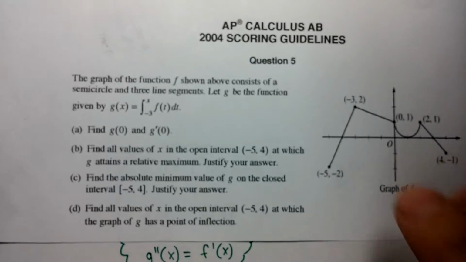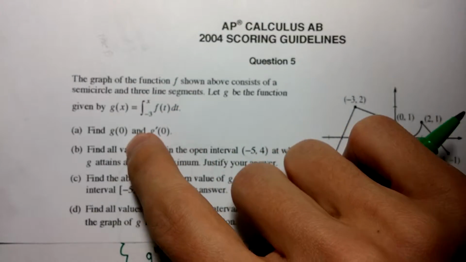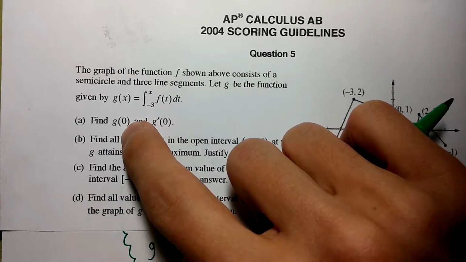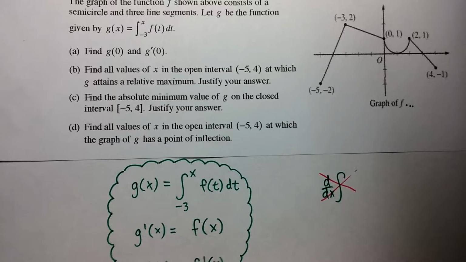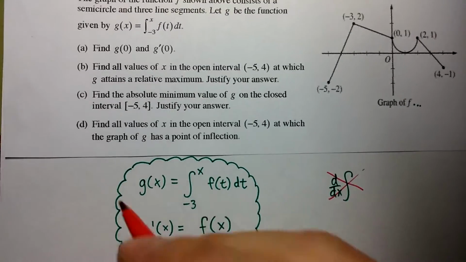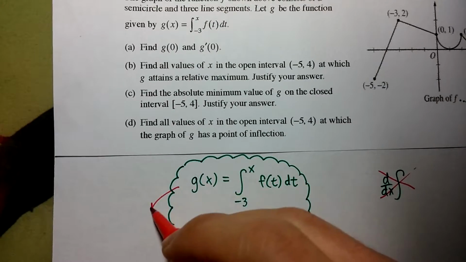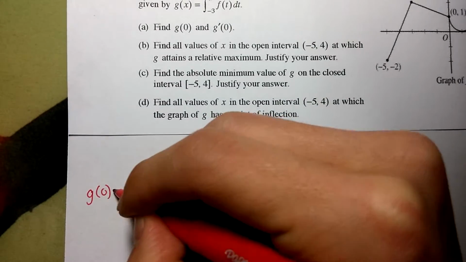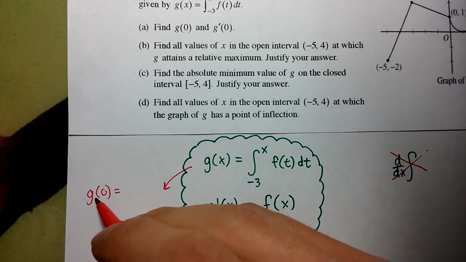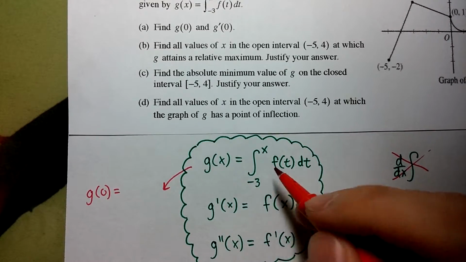All right, so if I want to know about g of 0, well, what's really happening is I'm taking this function and I'm basically saying, well, what is g of 0? All you got to do then is you have the connector here.